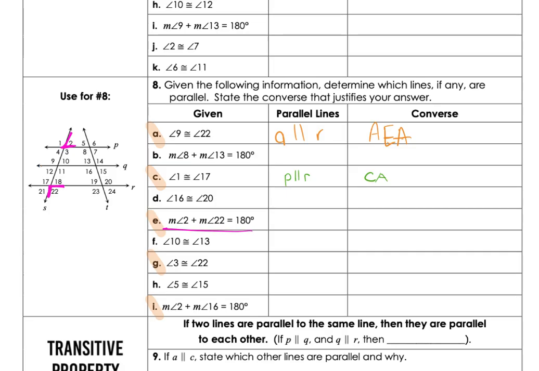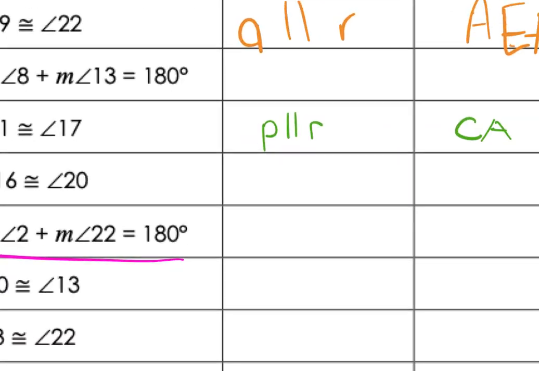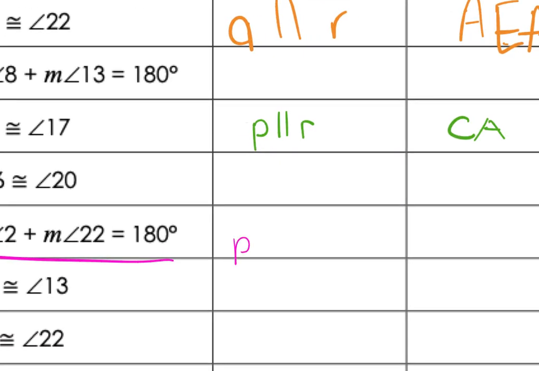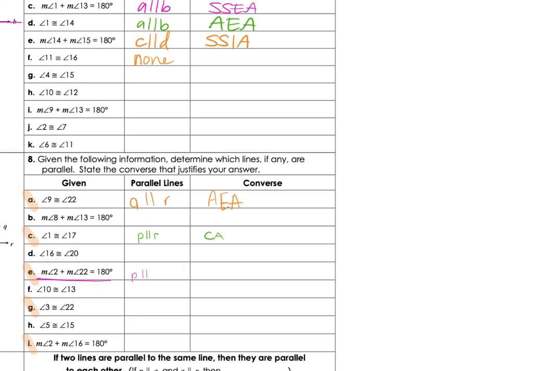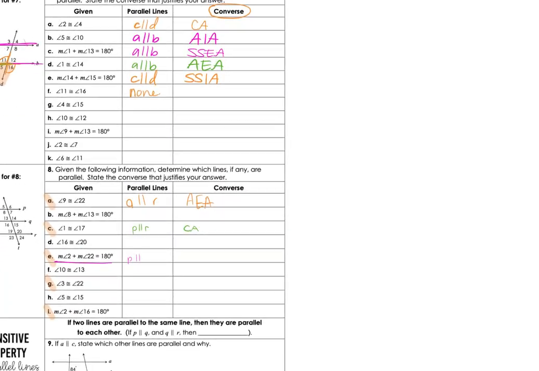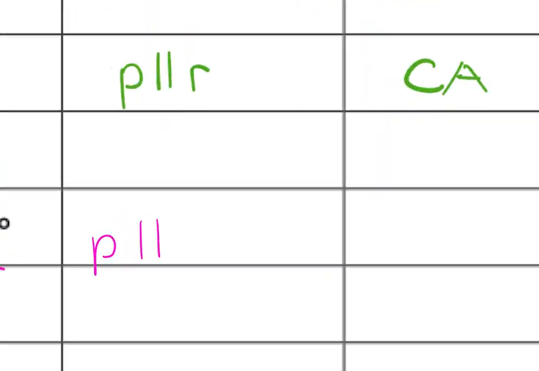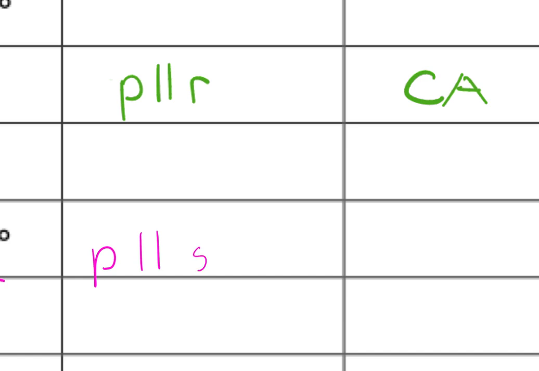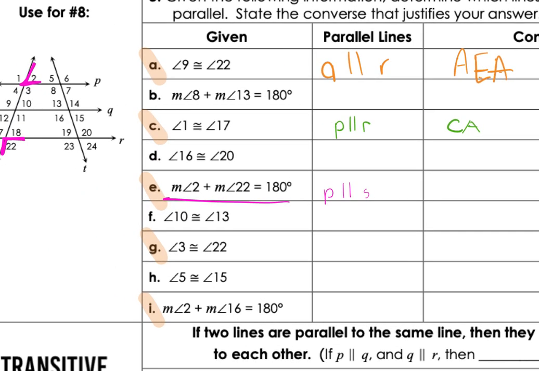He's my teammate. That's all the more reason to be kind. 2 and 22. Is that what you got? P is parallel to S.